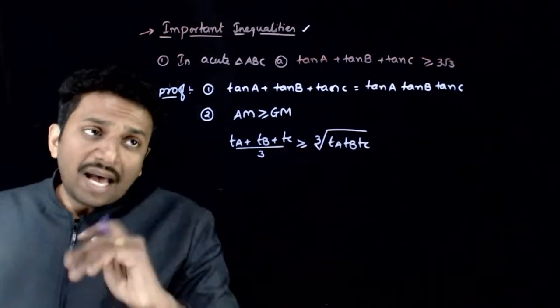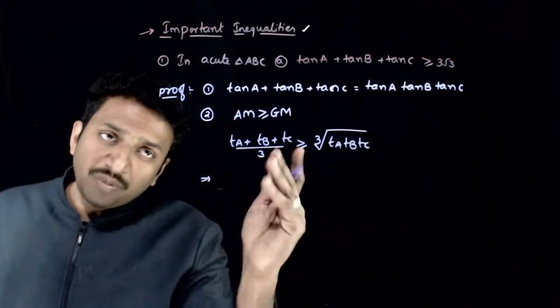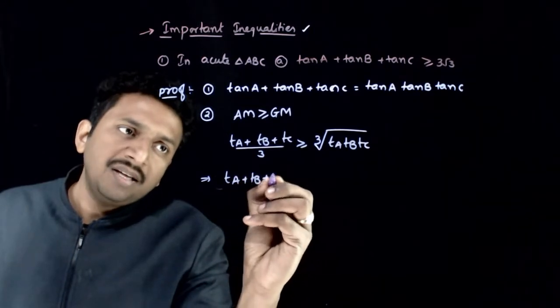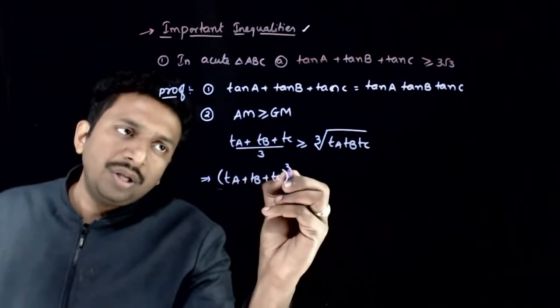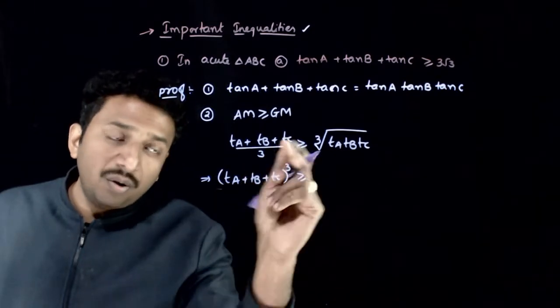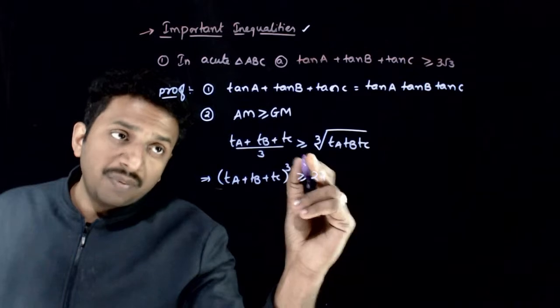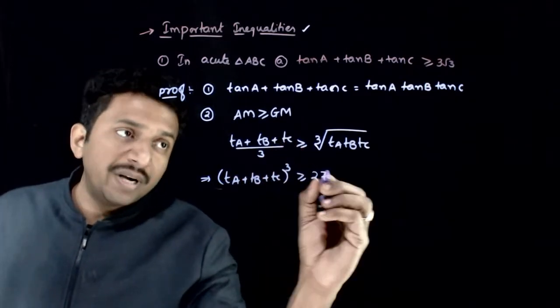Now once you have this result, if you cube both sides, (tan A plus tan B plus tan C) whole cube is greater than or equal to, if 3 goes to that side, 3 cube is 27 times this power 1 by 3, and this whole cube gets cancelled.